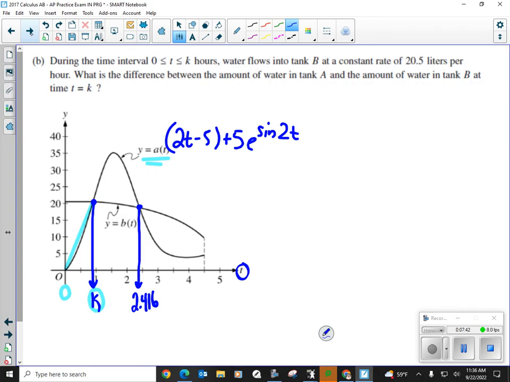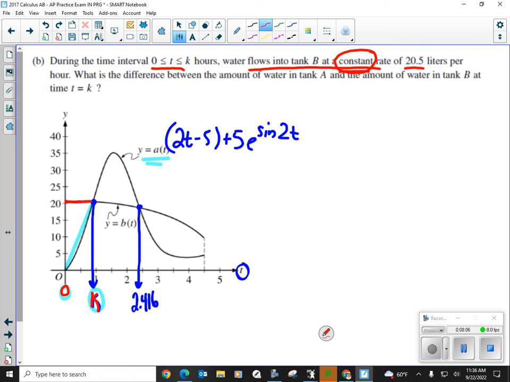But we don't have an equation for B. What they did tell us, which is really, really important, is that water flows into B at a constant rate of 20.5 per hour in this interval. So from 0 to K, this line for B is a constant straight line.